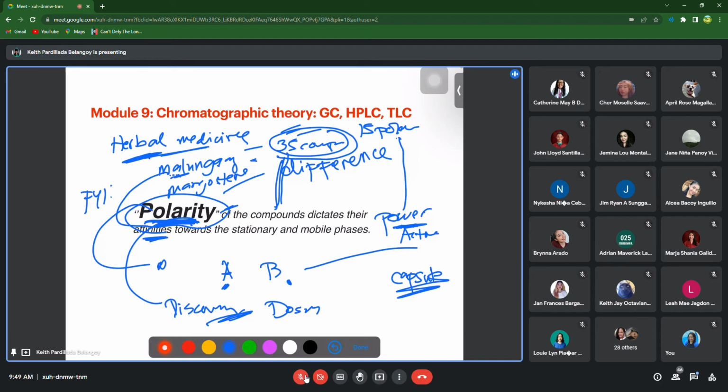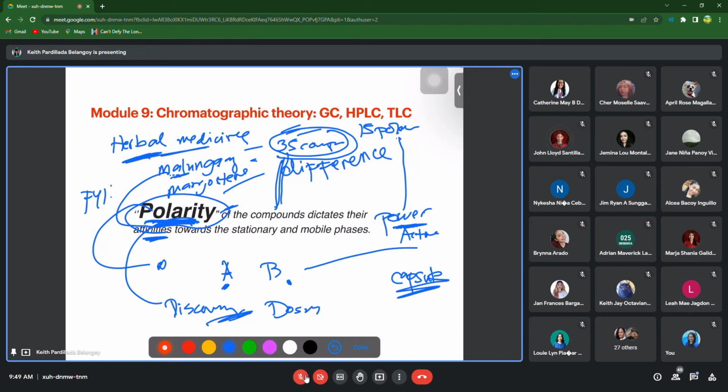Just maybe someone will ask you how herbal medicine works. Explain that there are 35 components, and there is an attractiveness of the components to certain components. So that's how they created the power for herbal medicines. Okay. Are you still there? Yes, ma'am.